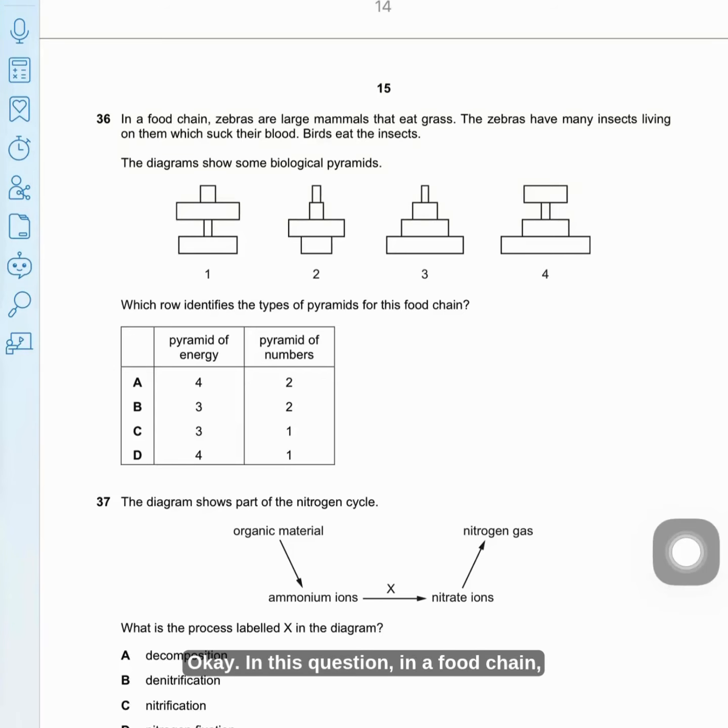Okay. In this question, in a food chain, zebras are large mammals that eat grass. Zebras have many insects living on them, which suck their blood. Birds eat the insects. So, who's my producer here? The grass. Who's the first consumer? The zebras. Who's the second consumer? The insects. Who's the third consumer?